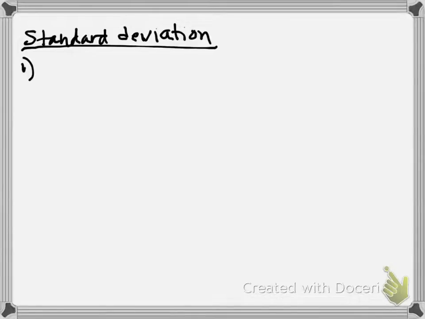Okay? So here's the first step. You find the mean of the data, just like we did with MAD. Second step, we're going to find the square of the difference between each data value and the mean. So we're going to do the same thing in step 2, but we're going to add something to it.